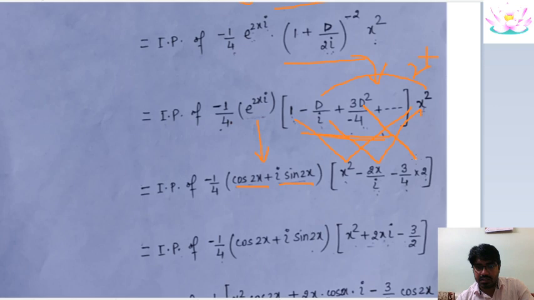now come to one important step, the imaginary part of this thing. When we are considering the imaginary part, we are not concerned with the real part. The real part we will neglect. So let's see what is the real part and what is the imaginary part.